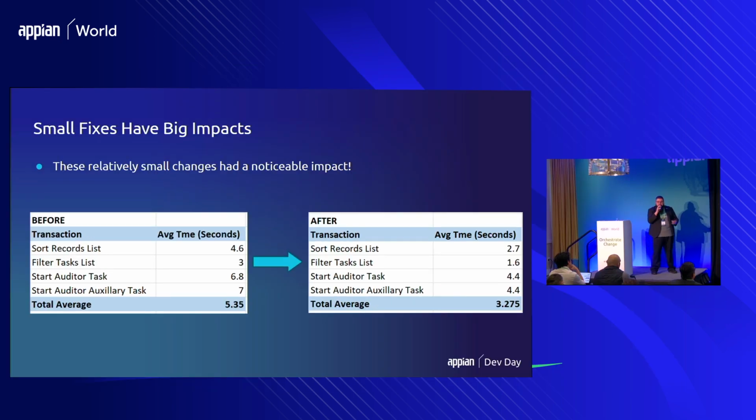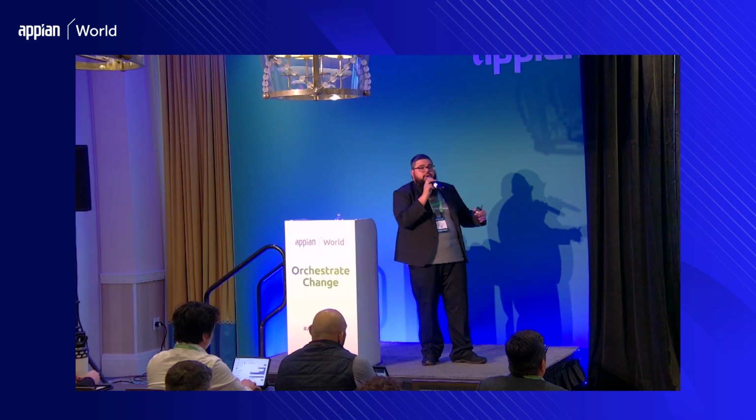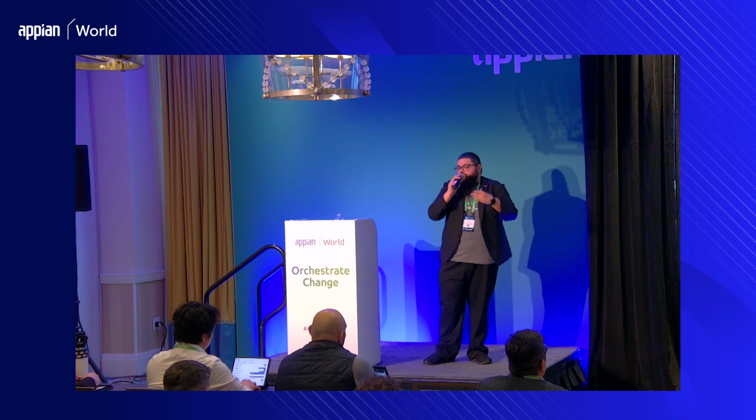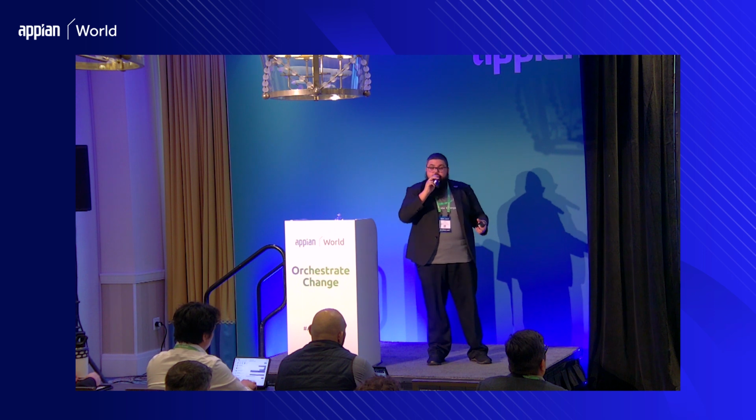And I want to emphasize, it was just making changes like this, adding indexes where we forgot to add indexes, reducing the batch sizes in certain queries, and fixing the views that powered our record lists and whatnot. So the takeaway I want you all to get from that is that sometimes seemingly small fixes can really add up and improve your system.